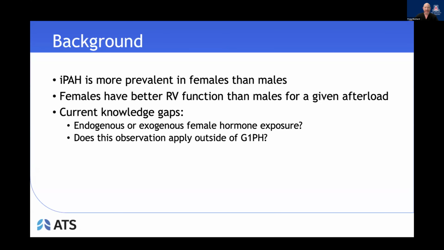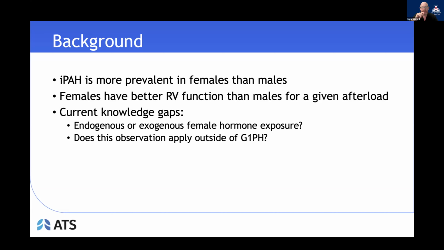So basically, idiopathic PAH is more prevalent in males, leading to the hypothesis, of course, that endogenous female hormones may play a role. However, what we know from previous research is that females have better RV function for a given pulmonary vascular disease or afterload.